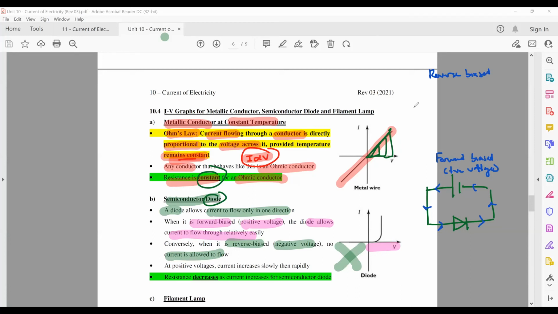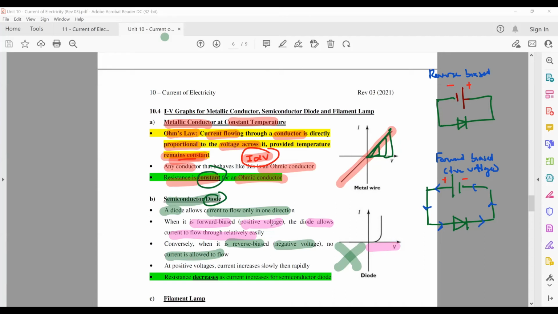you again still have the diode like this. But what is happening here is that you reverse your battery polarity. This one was positive, negative, right? Now this one you reverse it, you give it something like this. You reverse the polarity. This is negative, this is positive now. So basically you're getting positive, negative here.